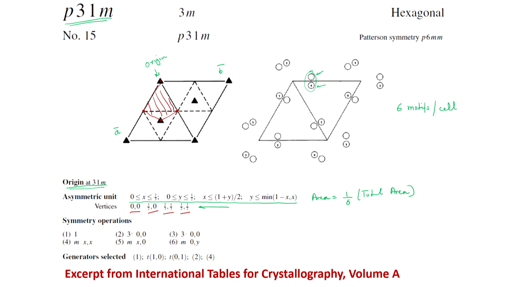In this asymmetric unit, whatever motifs are present, they will get replicated by the symmetry operations. So, hopefully this part is fairly clear, and if I want to know, is this area really 1/6 of the total area? Think about it. If I look at it, I have these equilateral triangles.